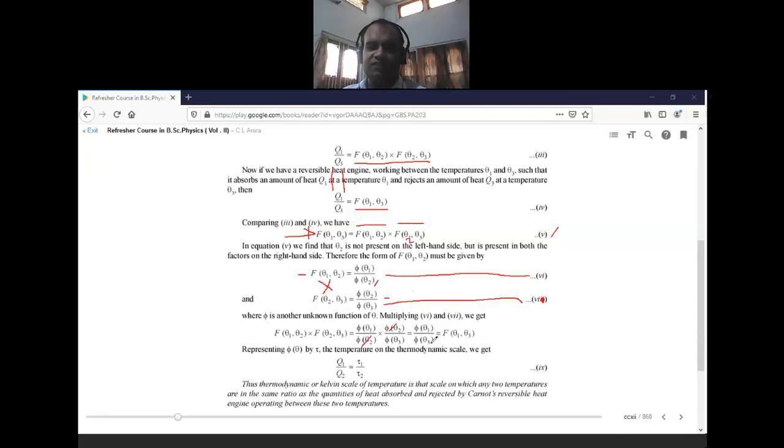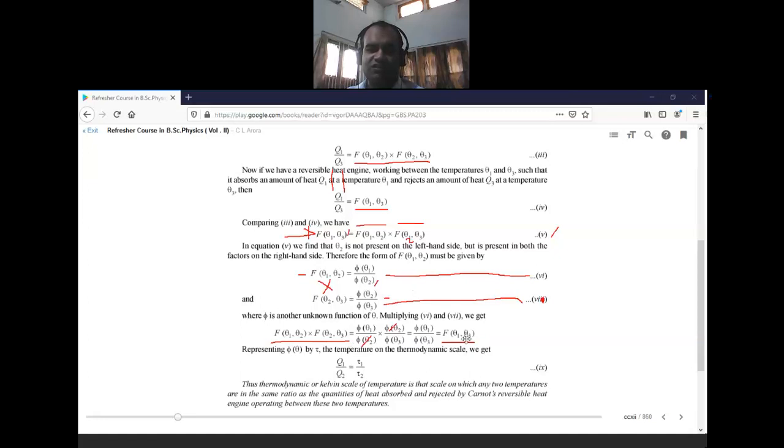And f theta 1 theta 2 times f theta 2 theta 3, from equation 5, is nothing but f theta 1 theta 3. So after multiplication, phi of theta 1 divided by phi of theta 3 is equal to f theta 1 theta 3.